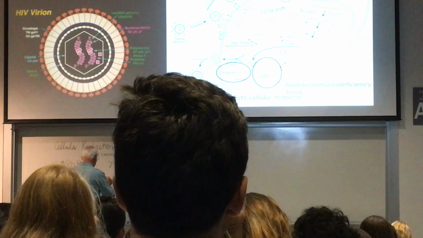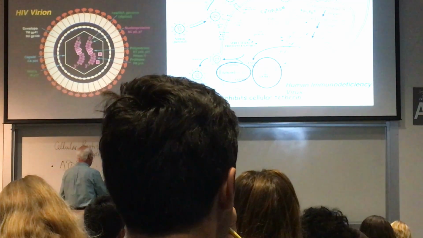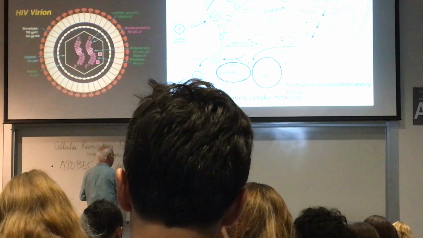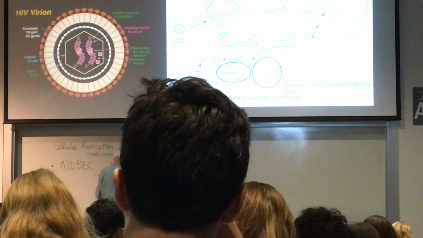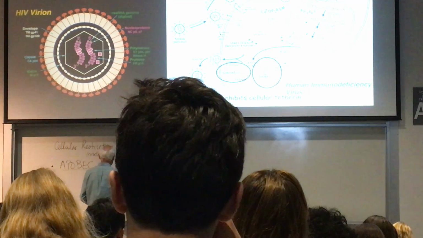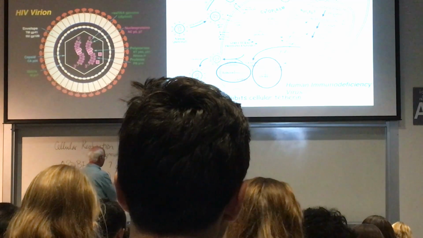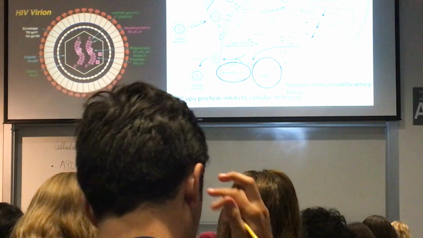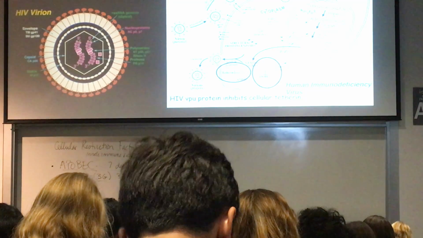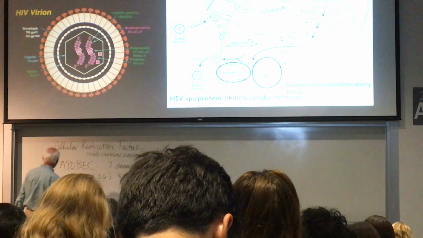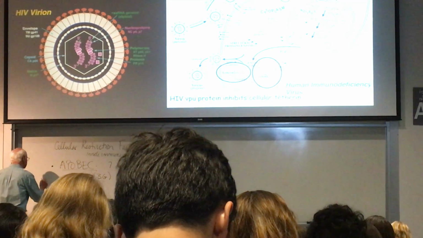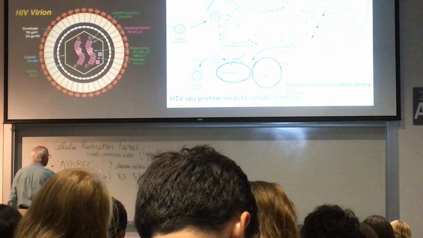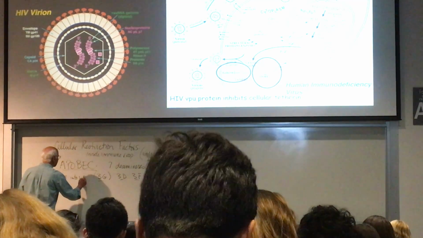ApoBec3G, which is the main one, but 3D, 3F, and 3H. And these ApoBecs have anti-HIV activity. And so what happens, as you learned in section, is that they're encapsulated into the virion.